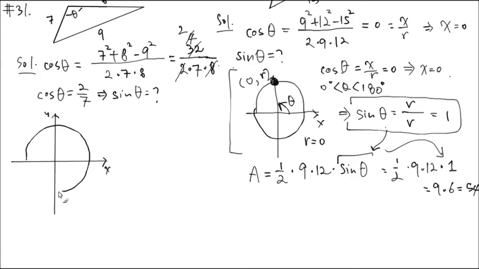So who can tell me what size of circle I should sketch in here? R equals what? 7. Right. X divided by R, that's how we're looking at it. So the x coordinate is 2, and we know it's between 0 and 180 degrees, so it's definitely here. That's the angle. Agree? So that's the angle theta we are talking about.